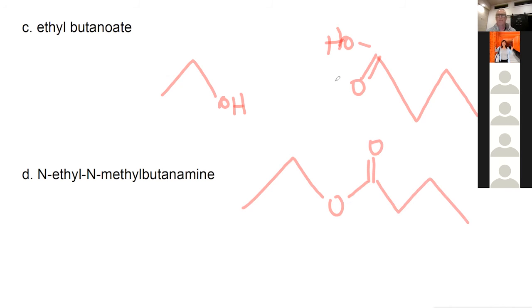Like that. So 2 carbons on this side, 1, 2, and then 4 on the other side, 1, 2, 3, 4. Okay. Is that clear to everybody? Yeah. We're good? Okay. All right.